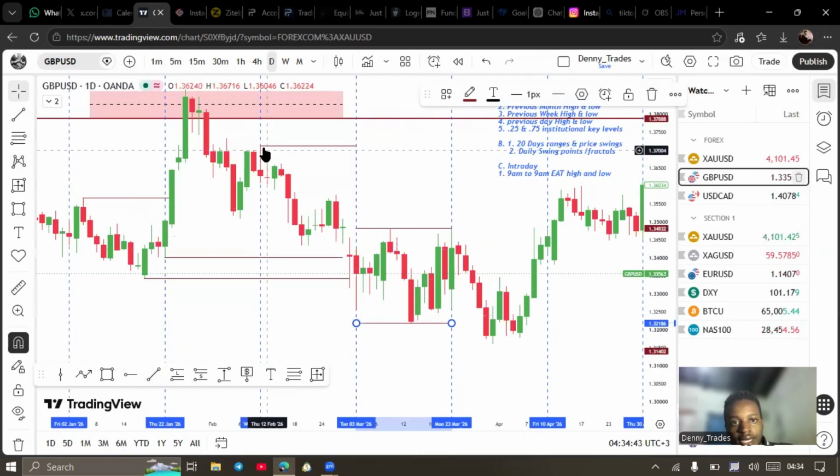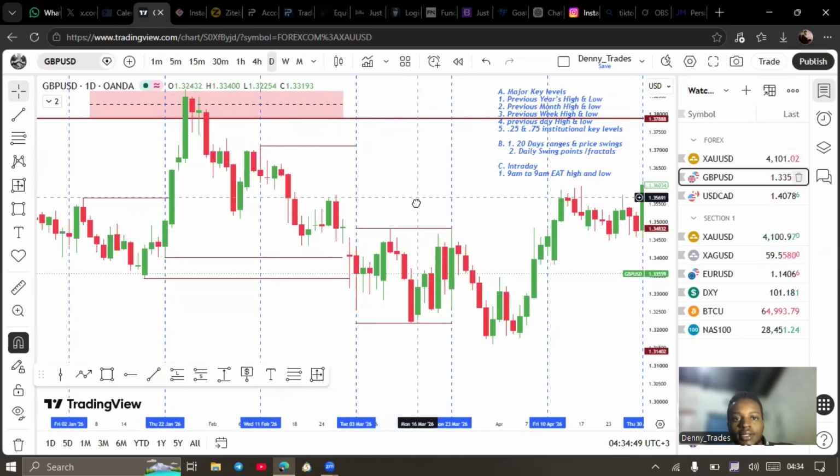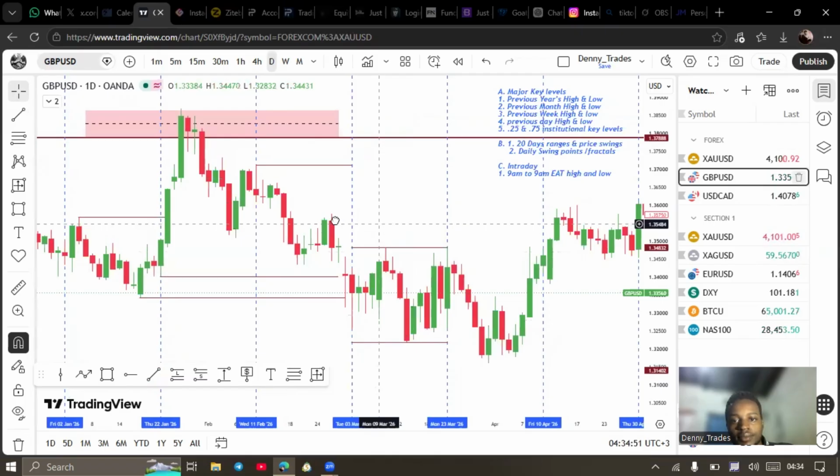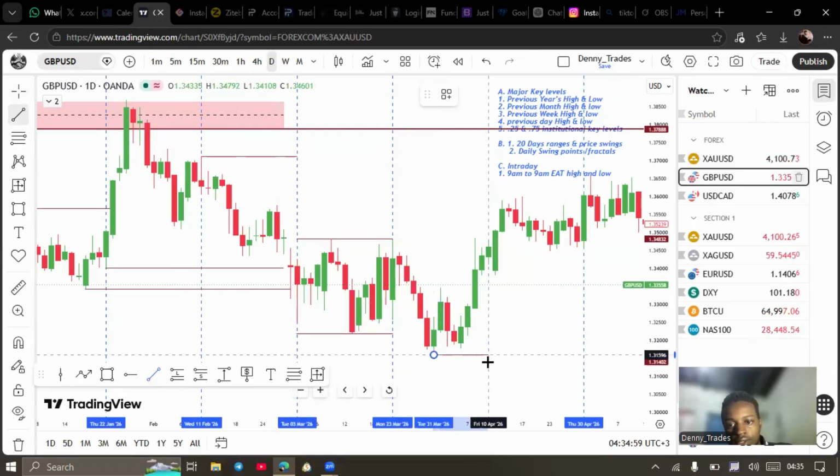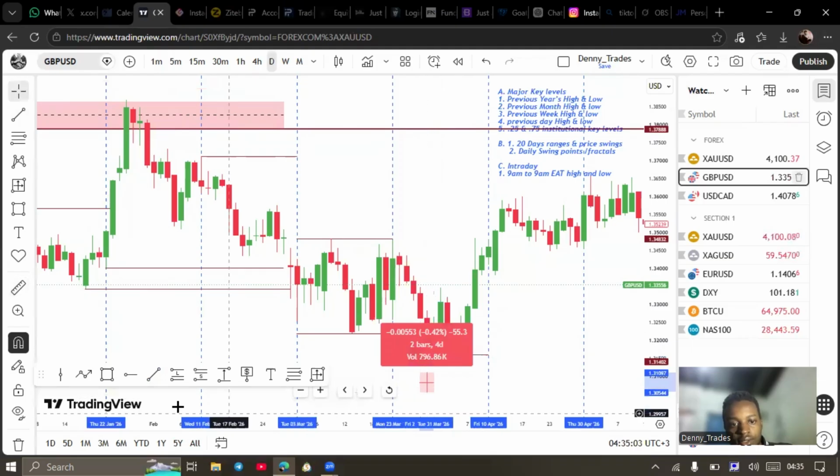This is the highest high, this is the lowest low on this 20 days range. Okay, so on this 20 days range, we mark the range low and the range high.